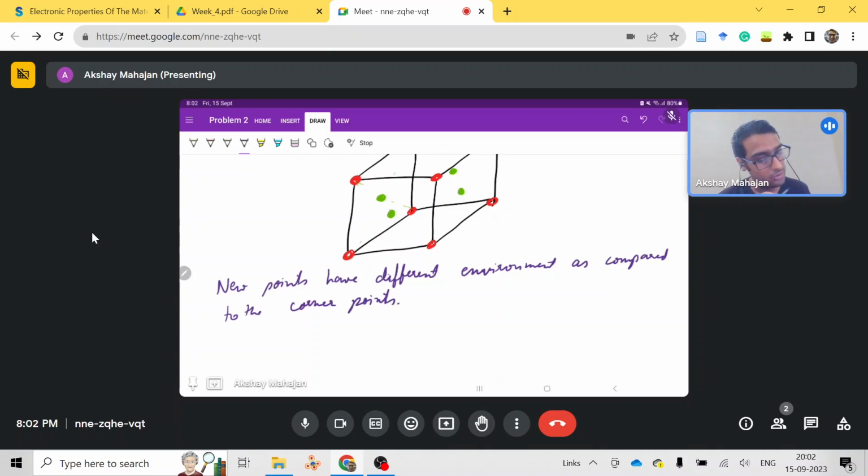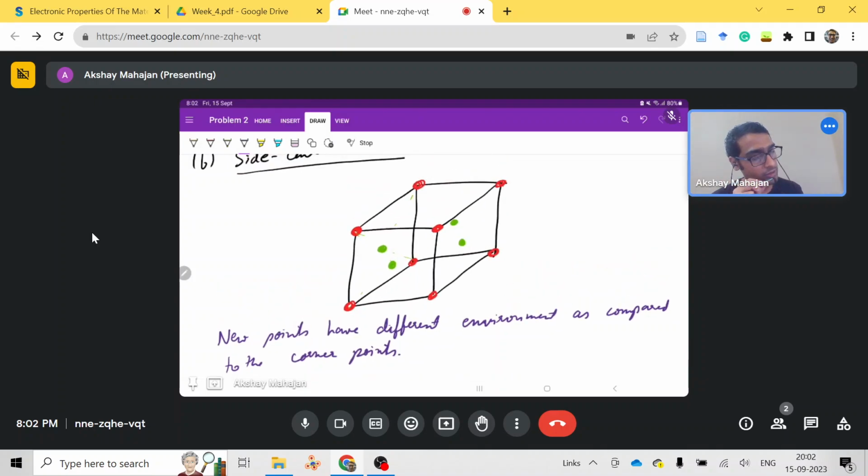Why do they have a different environment? Here you can see that for each of these green points there will be 4 red points which will be the nearest neighbors, and there will be these 4 green points.